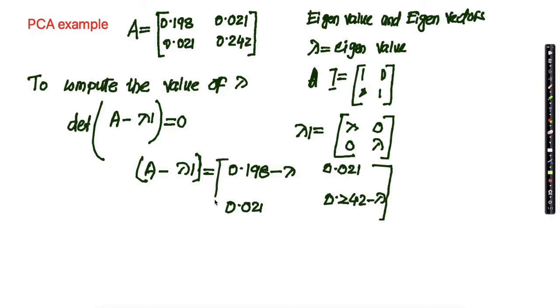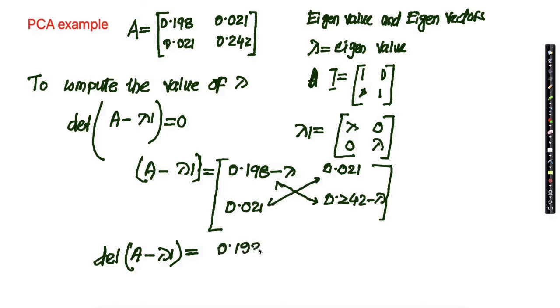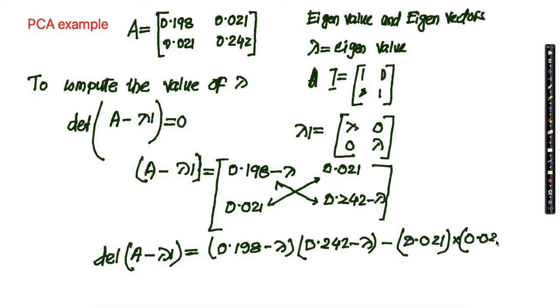Now if we take the determinant of this matrix, we multiply these two components and subtract the multiplication of these two components: 0.198 minus lambda into 0.242 minus lambda, minus 0.021 multiplied by 0.021.